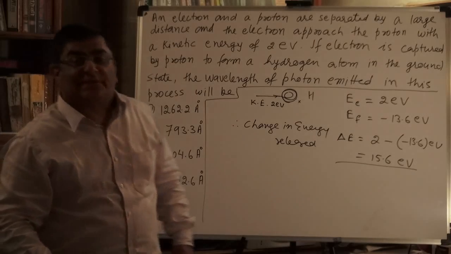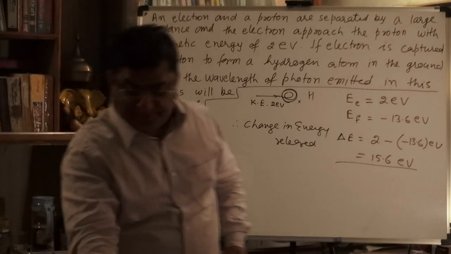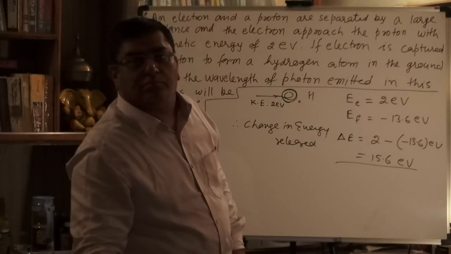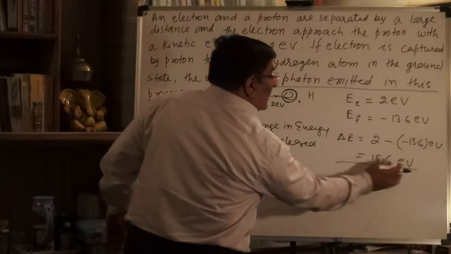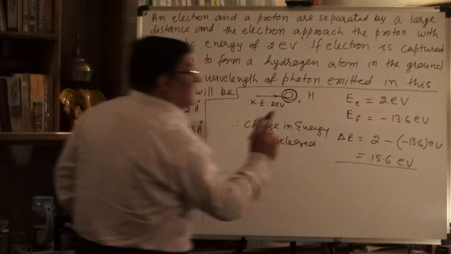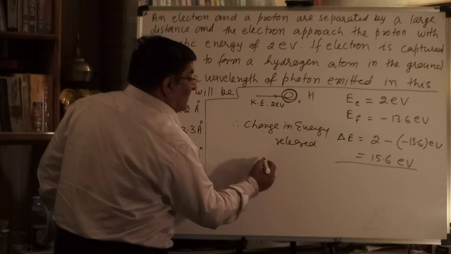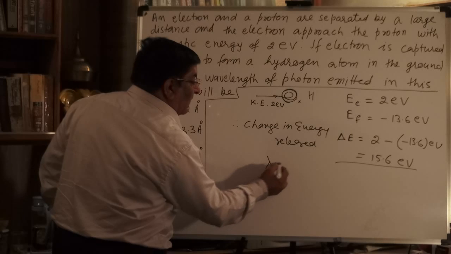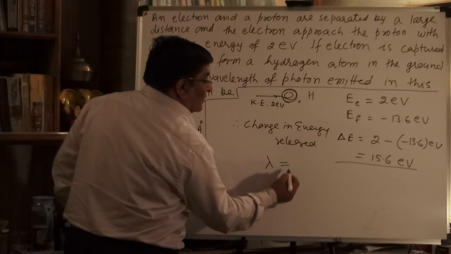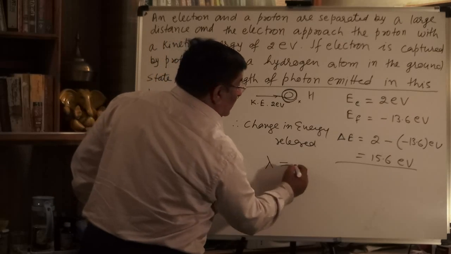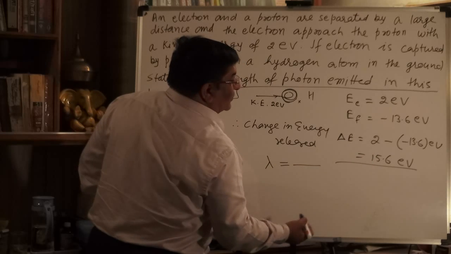Now this energy converts into wavelength. If this is the energy released, it will form a photon, a radiation will be there, and what will be the wavelength? That minimum wavelength will be equal to hc upon VE.